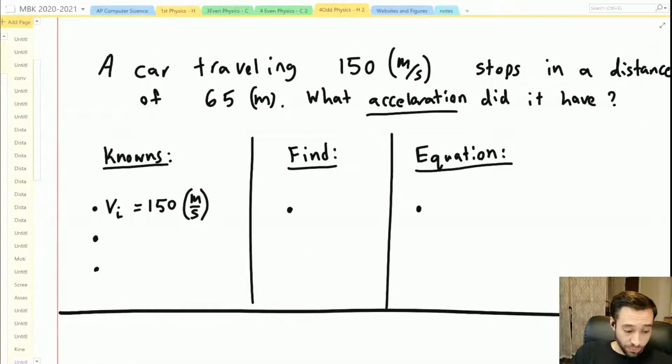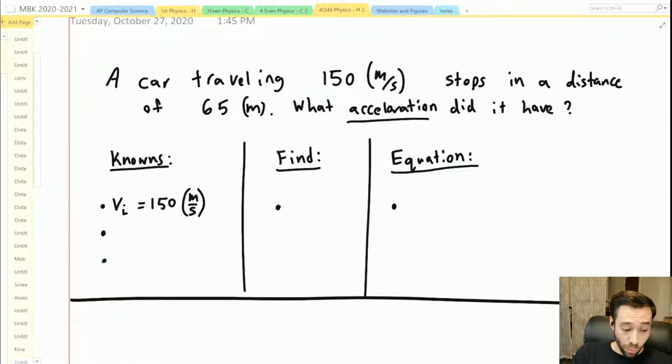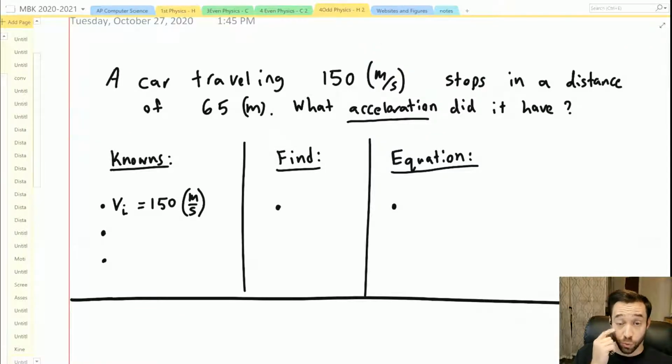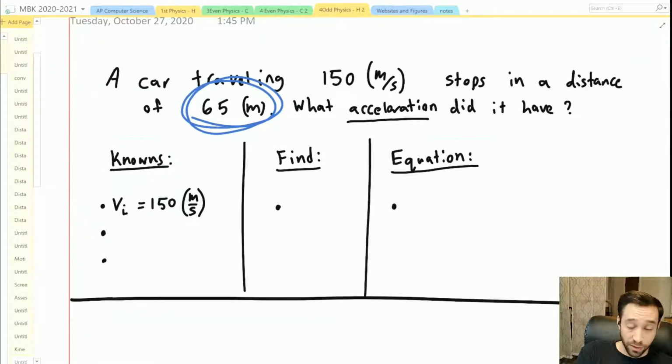So after I've written down and figured out what variable this magnitude and unit are associated with, I then continue on writing the problem statement. So it'll stop in a distance of 65 meters. The unit of meters is a unit of length.